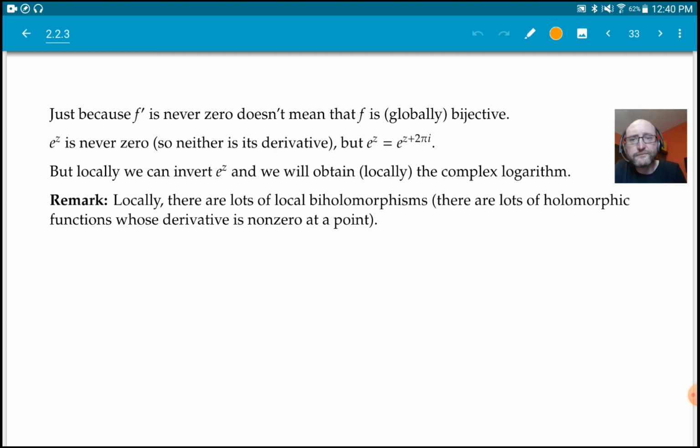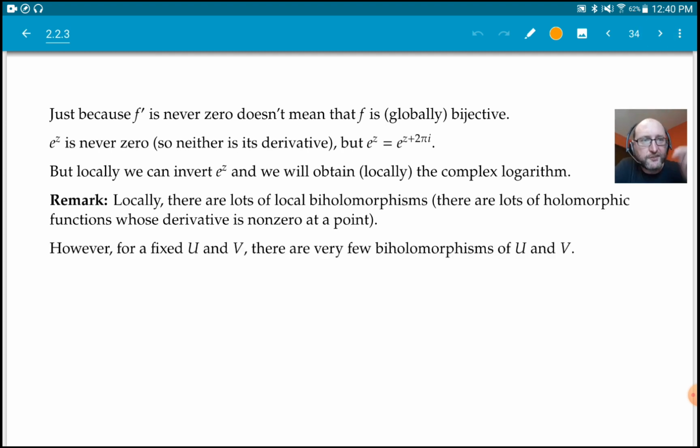There's even lots of polynomials with this. However, if you fix the two open sets, there's generally very few biholomorphisms. A lot of times there's none. If U and V are not biholomorphically equivalent, then there are none. And even if there are some, there's generally very few.